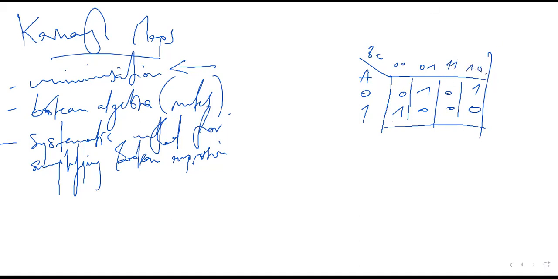That is a typical kernel map. Each row in a truth table is represented by a square, and each square represents a minterm.